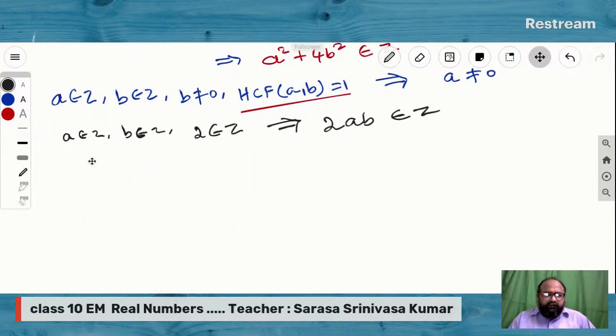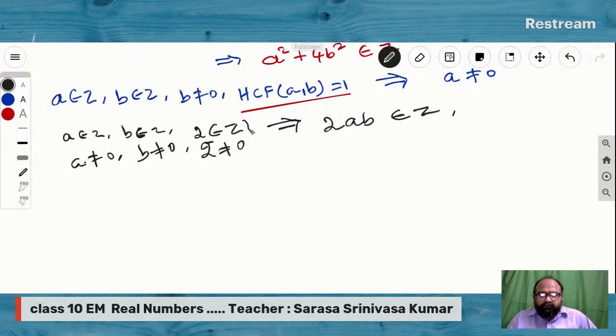And since a is not equal to 0, b is not equal to 0, and 2 is not equal to 0, we get that 2ab is not equal to 0. So from this we got a square plus 4b square is an integer and 2ab is also an integer and it is not equal to 0.